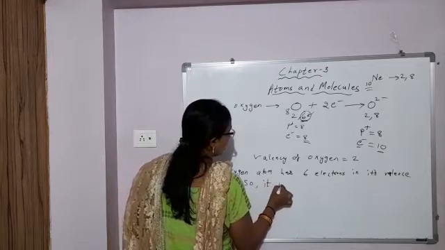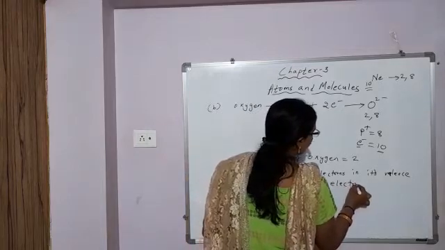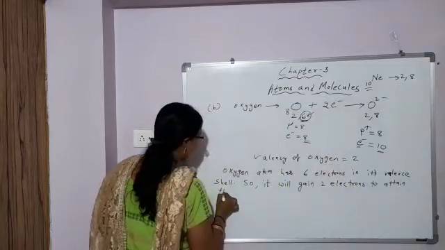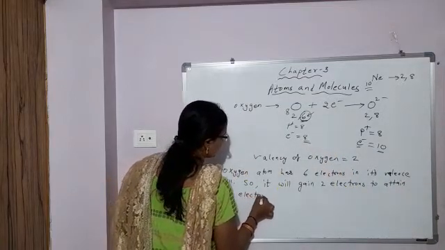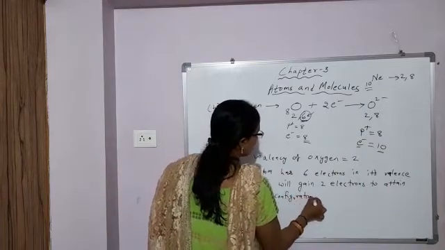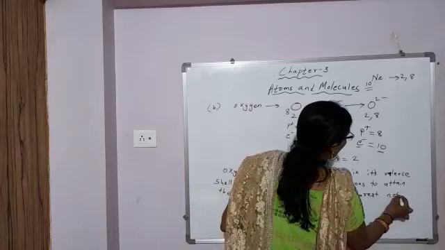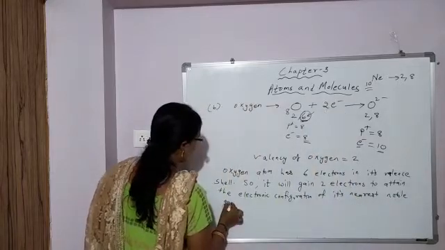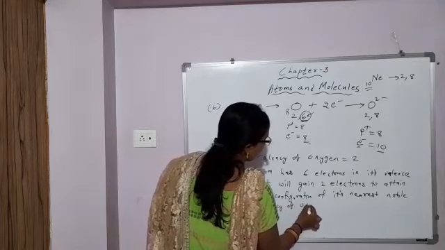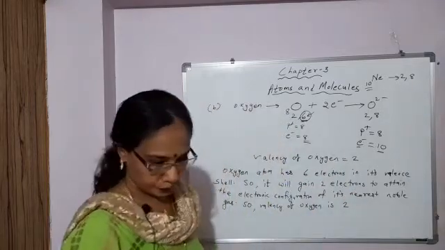So it will gain 2 electrons to attain the electronic configuration of its nearest noble gas. So valency of oxygen is 2.